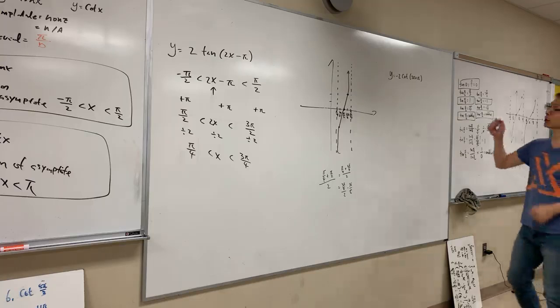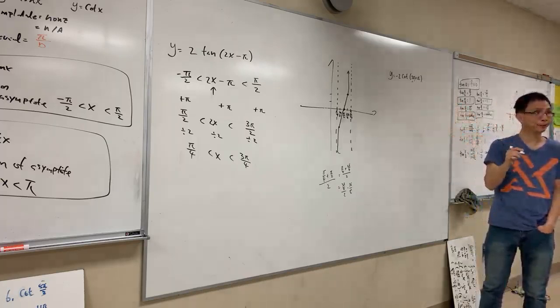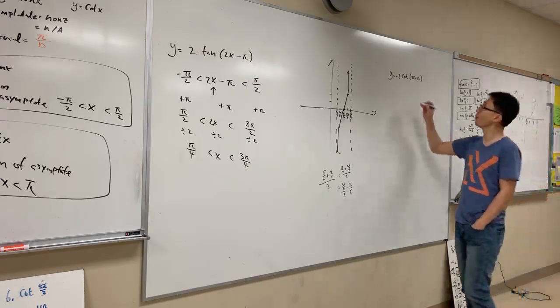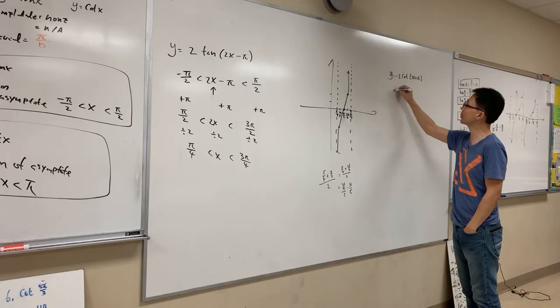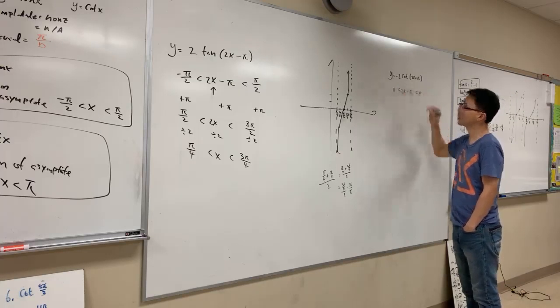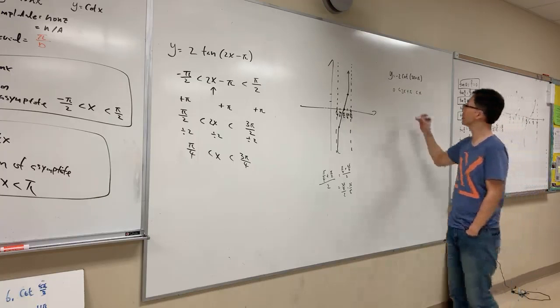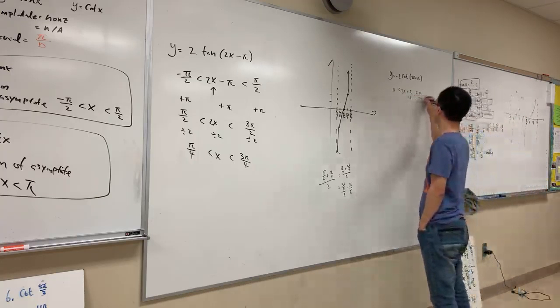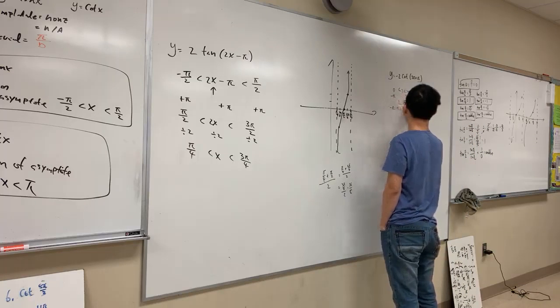So, cotangent, right? Look at the restriction between 0 to pi. So how do I get x by itself? You subtract pi on all of them. So that's going to be negative pi, 2x, 0.